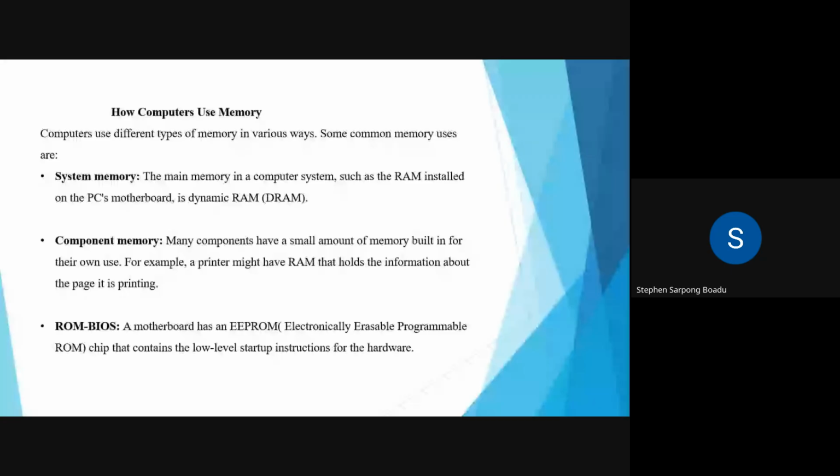Once you turn on your PC, this memory runs first, right? To see that all the hardware is working, and it makes sure that once you boot the PC, everything is working well. So that is what the ROM BIOS does.